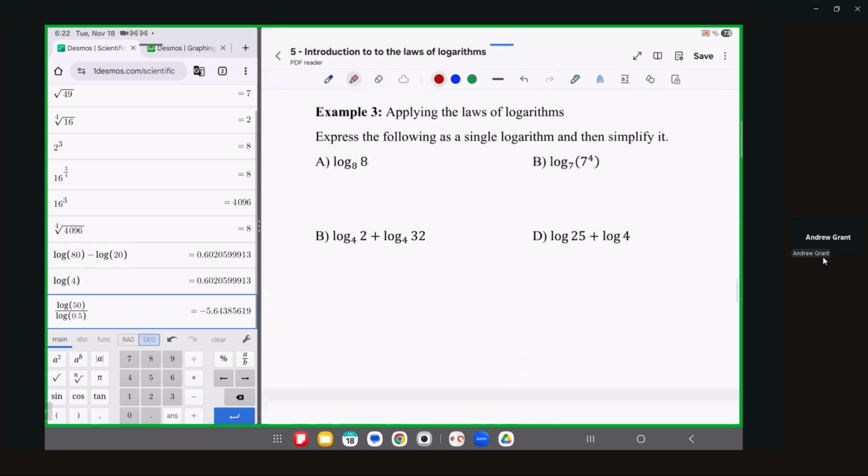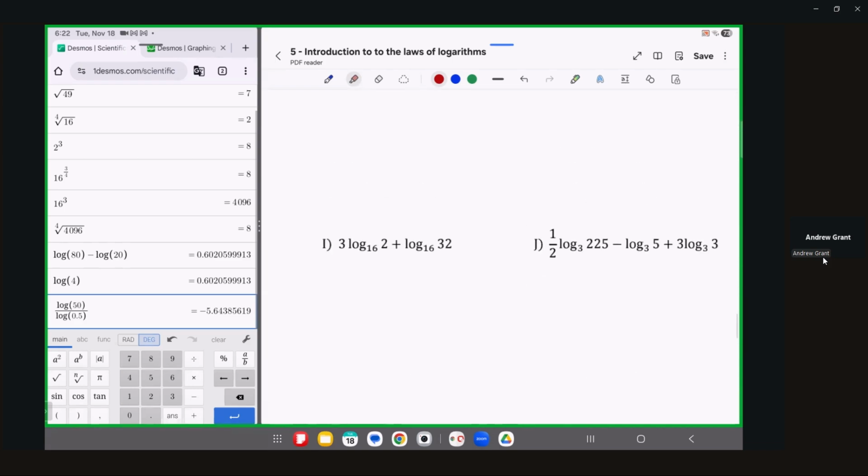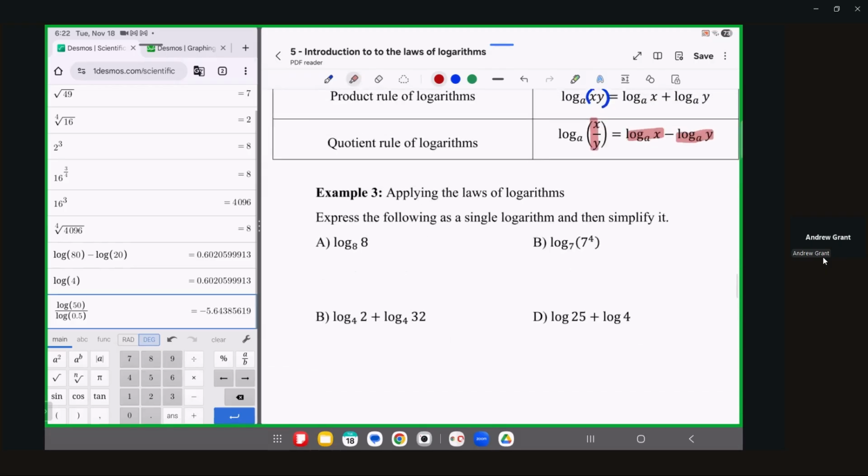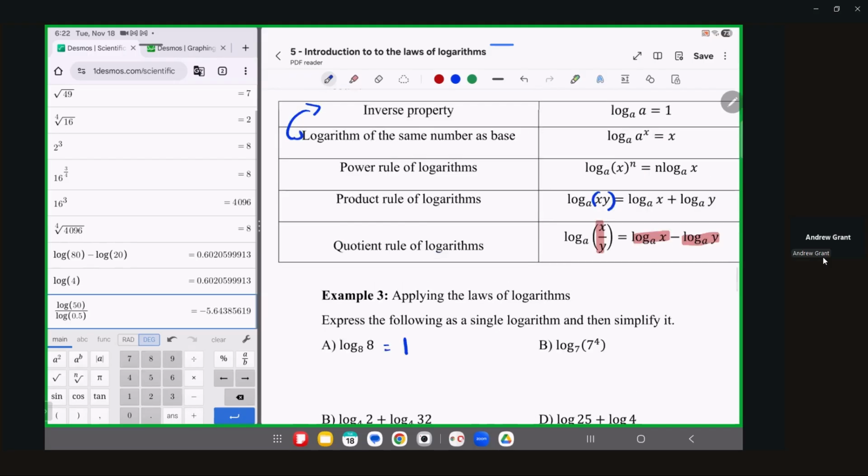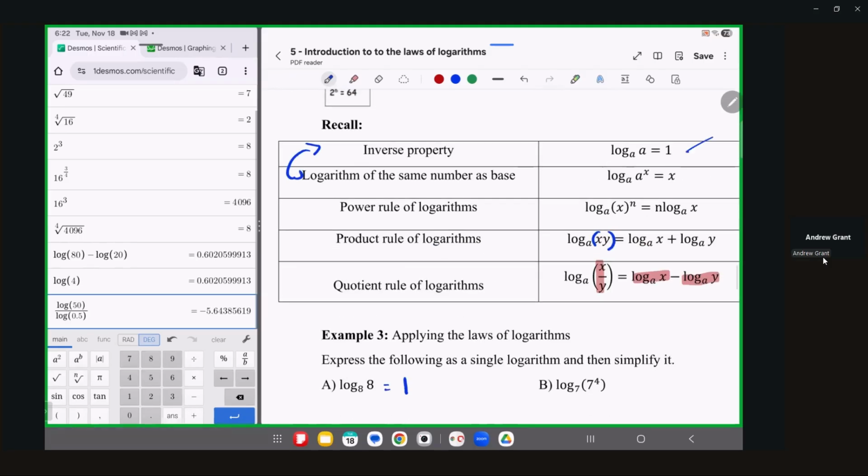Okay, so example 3, and I think we go all the way down to j, so we've got 10 examples. We're going to express the following as a single logarithm and then simplify it. And so I started off with 2 examples of basic ones that we had studied before, namely, if you have log base 8 of 8, that's just 1, because log base a of a is 1.